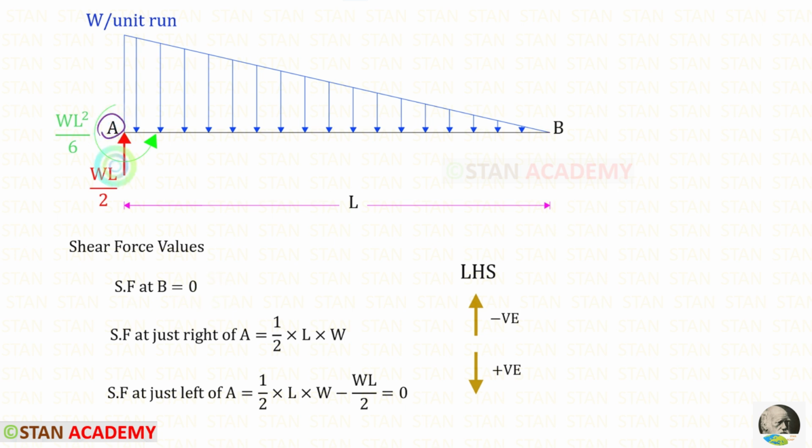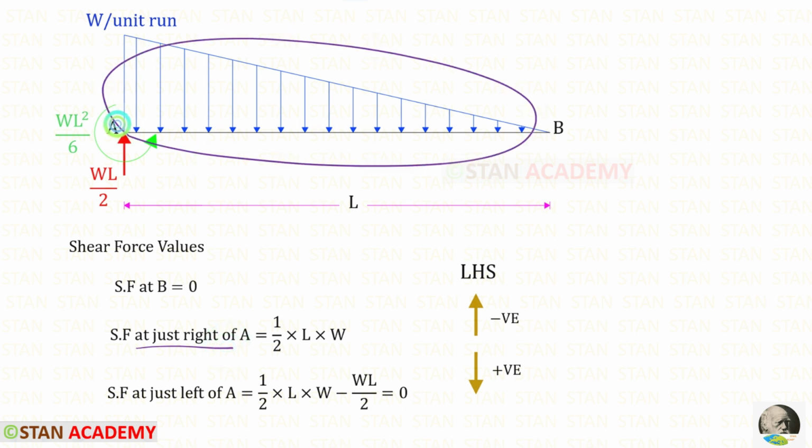At the point A, there is a vertical reaction, so we have to find the shear force values two times, at just to right of A and at just to left of A. First, let us find at just to right of A. At just to right of A, we have the UVL. It is acting downwards, so it will be positive. For the UVL, we have to take the area. We know the area of the triangle, half into L into W.